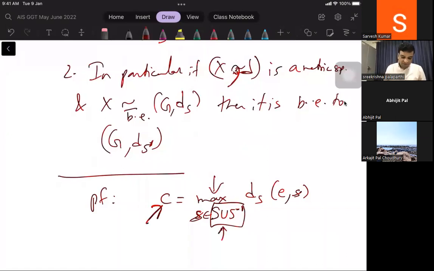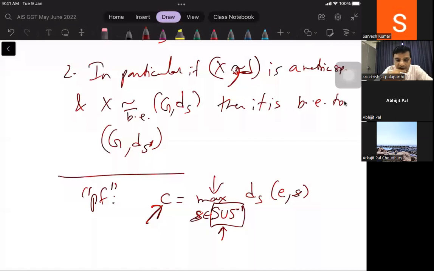I will not have time to discuss that further. So it should be d_S prime. Otherwise, it will be length one always. Sorry, it should be S prime. Distance means different.